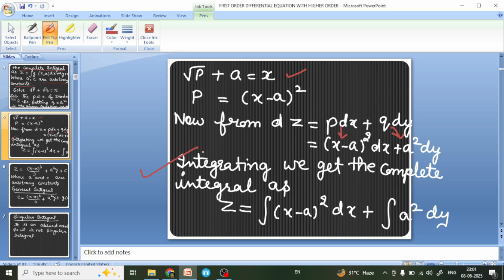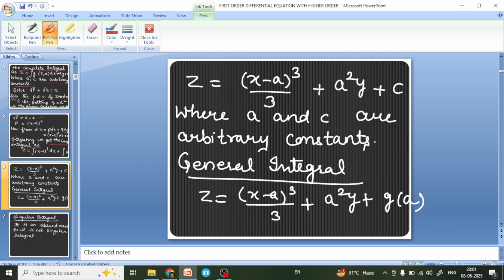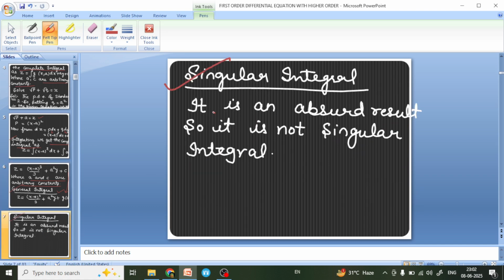Integrating, we get the complete integral: z equals the integral of x minus a whole squared dx plus the integral of a square dy, so z equals x minus a whole cubed over 3 plus a square y plus c, where a and c are arbitrary constants. In the general integral form we write z equals x minus a whole cubed over 3 plus a square y, with g of a instead of c. In the singular integral it is an absurd result, so there is no singular integral.